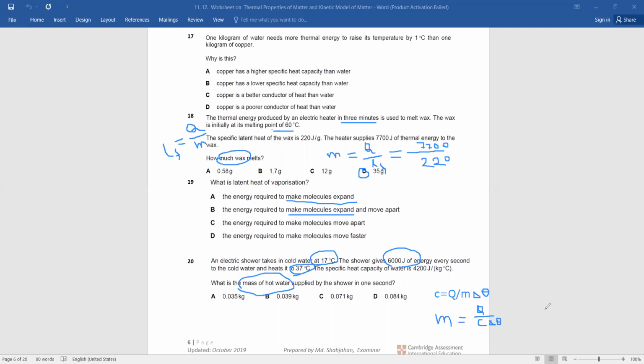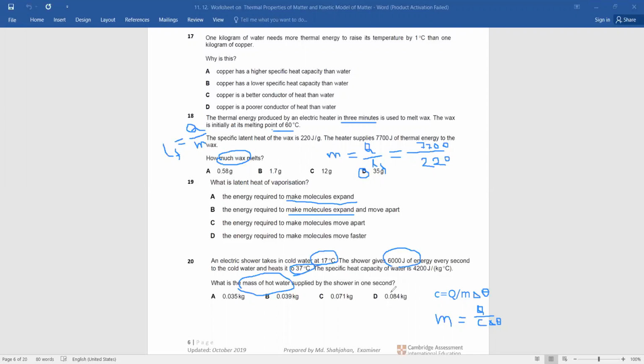Sir, can we also do it with the formula you gave in question 18? No, that formula is for specific latent heat, that is L_F equals Q by m. Mind it, it is for specific latent heat, when there is no temperature change, it's constant temperature.